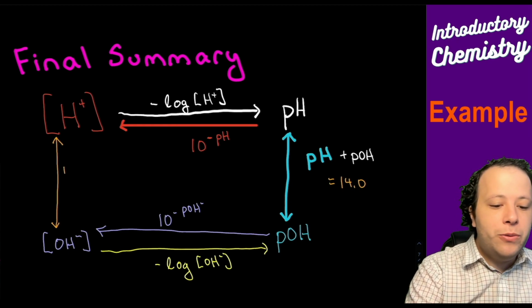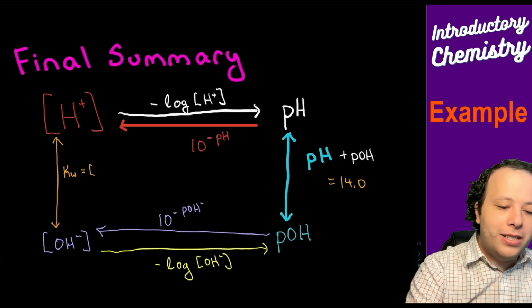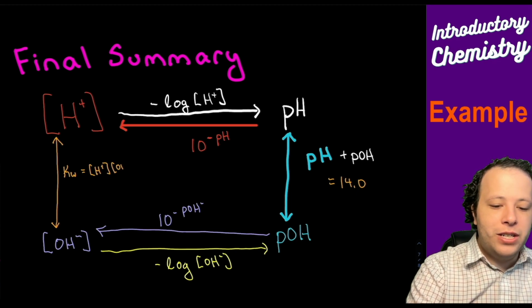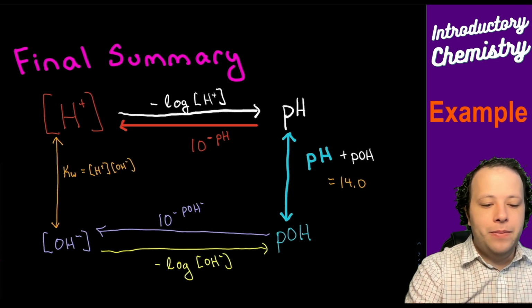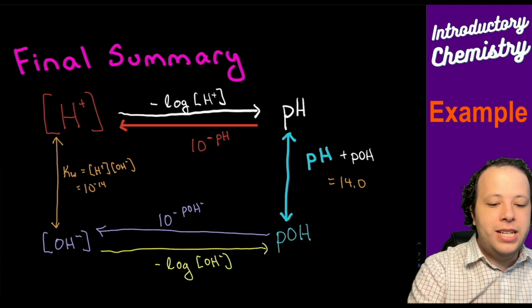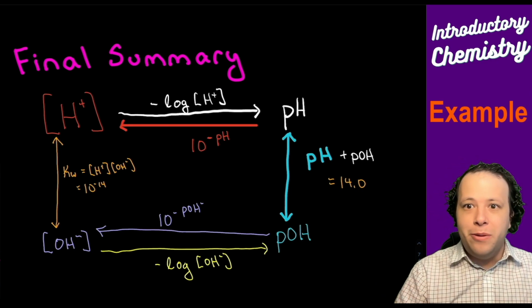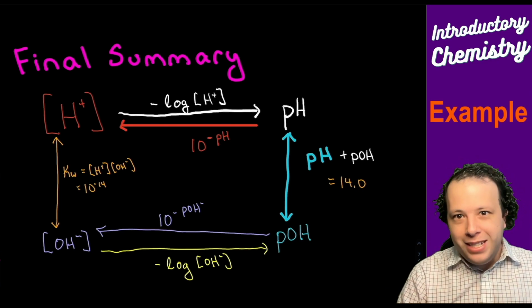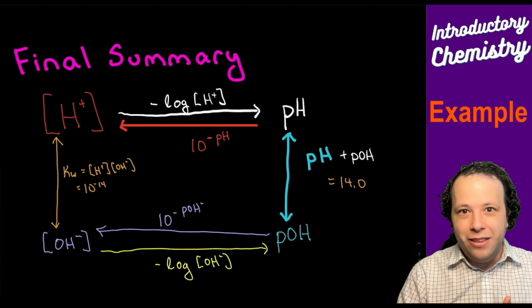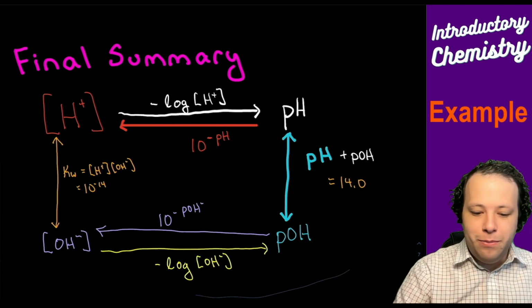But just to show you what it is: Kw is equal to the concentration of H plus times the concentration of OH minus, and Kw is equal to 10 to the minus 14. So it's an equilibrium constant. In our future videos on equilibrium, and especially on acid-base equilibrium, we'll bring that into the fold. So these are how you can convert between acids and bases.